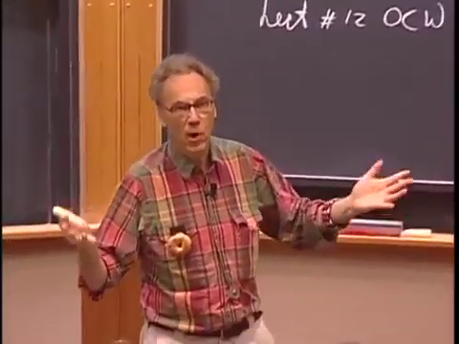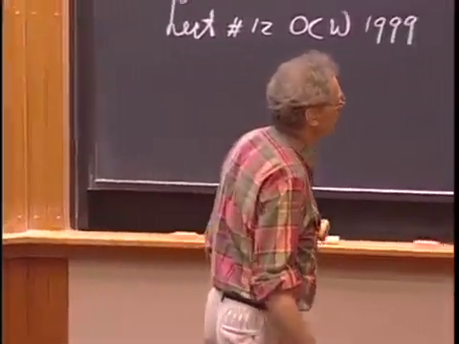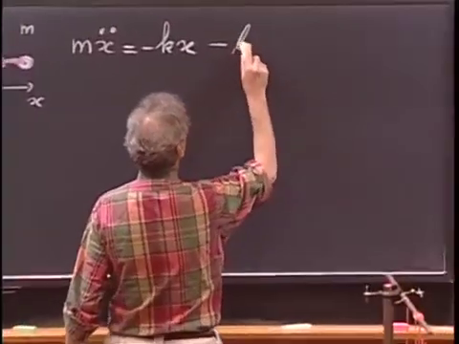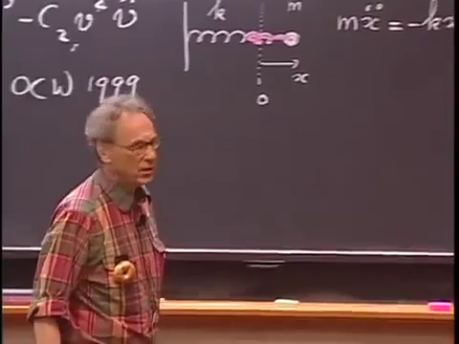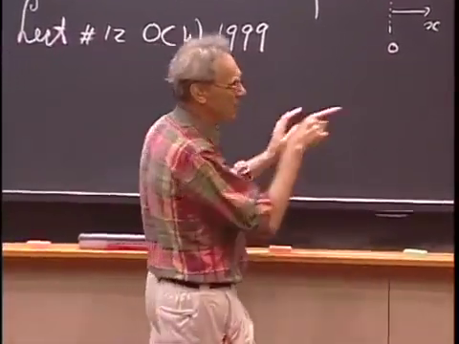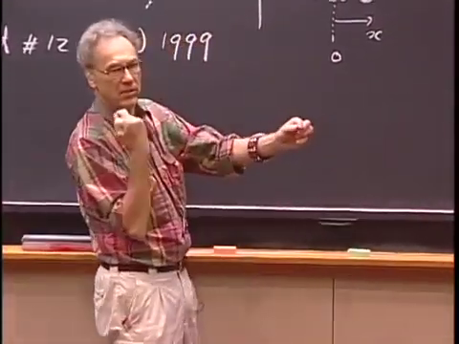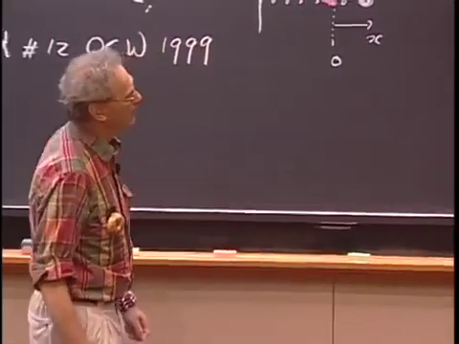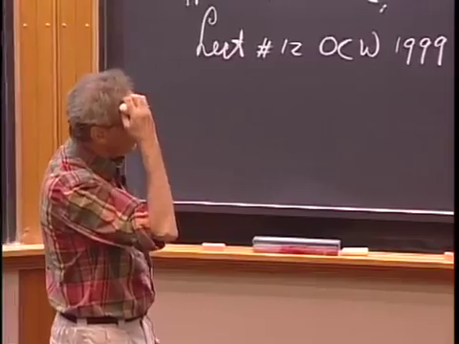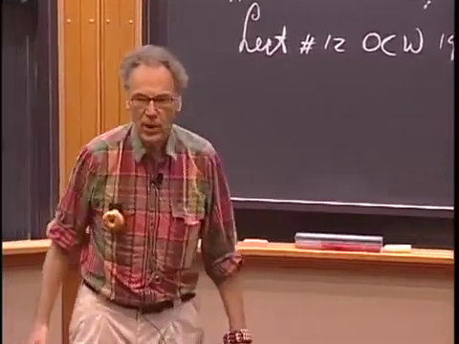We don't call it C1, we call it B. In other words, we have minus B times x dot. X dot is a vector, it's a velocity, and if the velocity is positive, then the force is in this direction. If the velocity is negative, then the frictional force is in that direction. So that now is the differential equation that we have to solve.